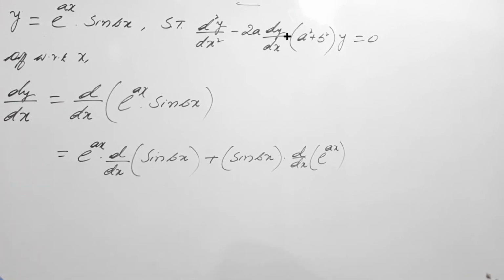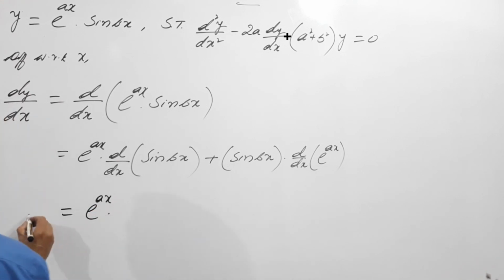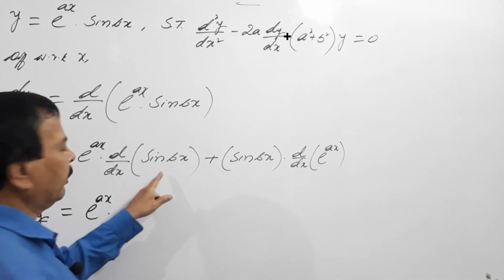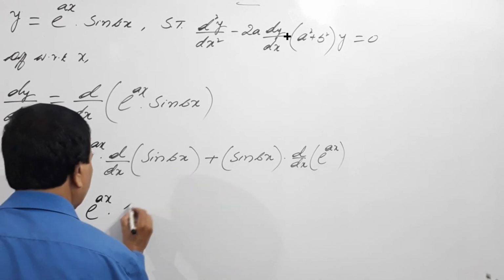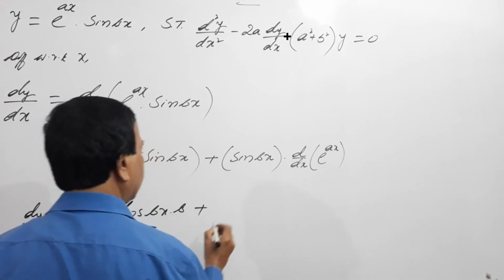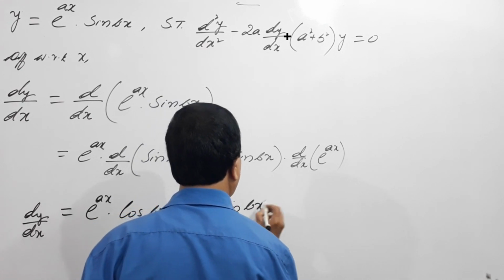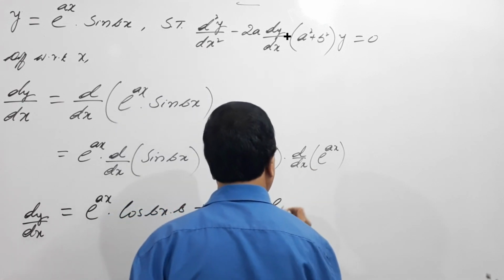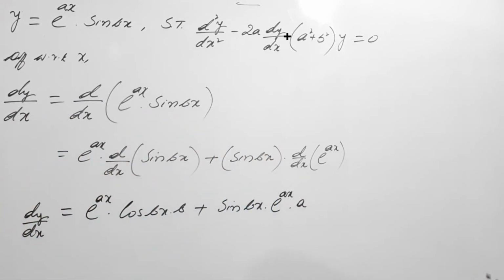So what happens here? This becomes e to the power of ax, that is dy by dx equals, if we differentiate sin bx, it will be cos bx into b, that becomes cos bx into b, plus sin bx into e to the power of ax is e to the power of ax into a. I rearrange this.